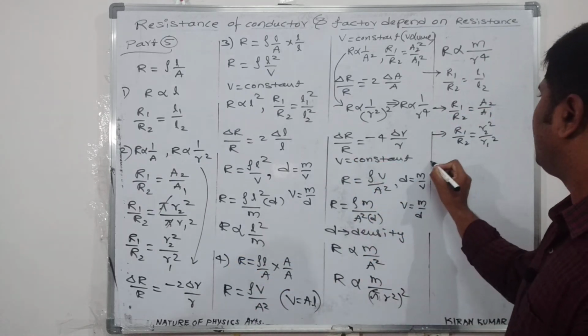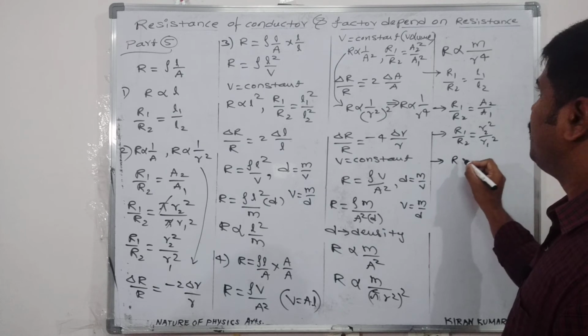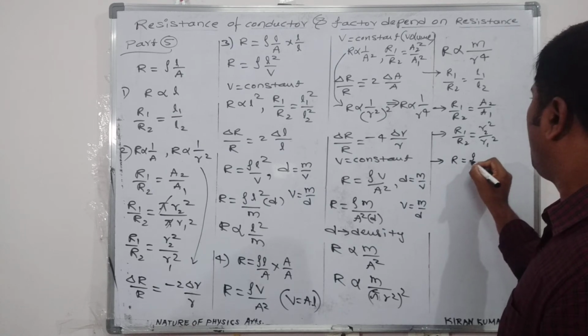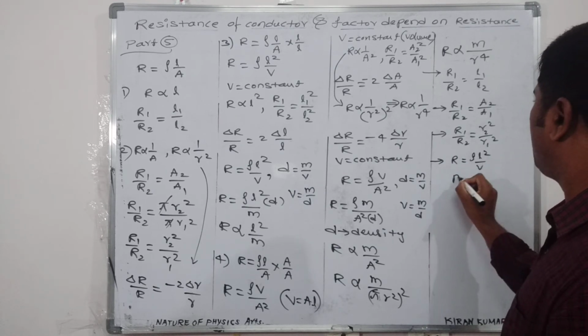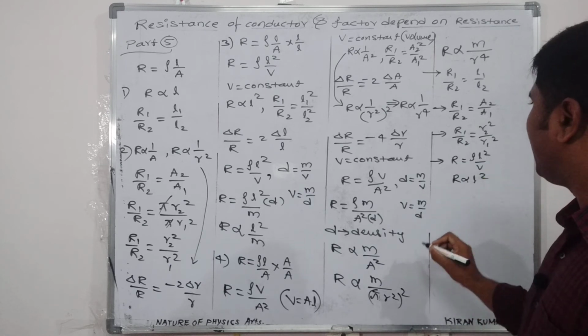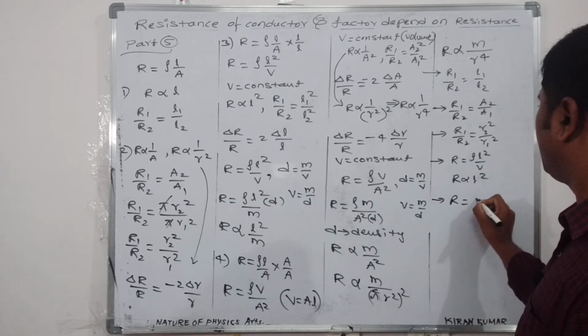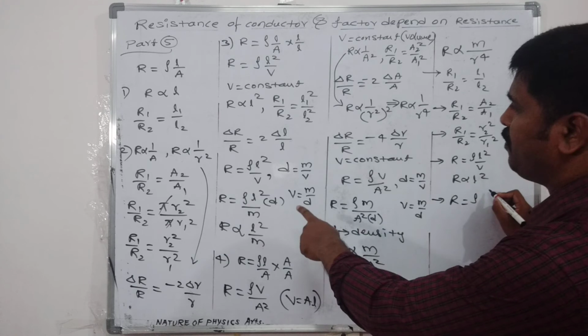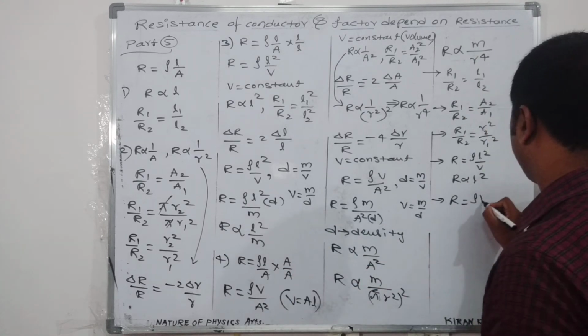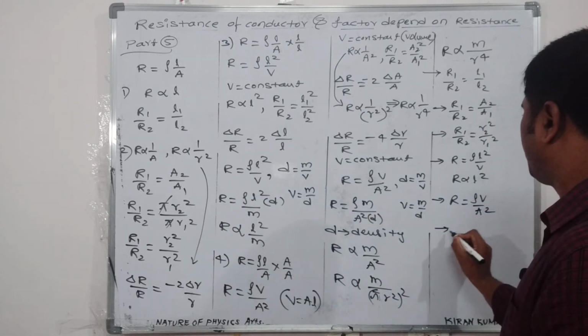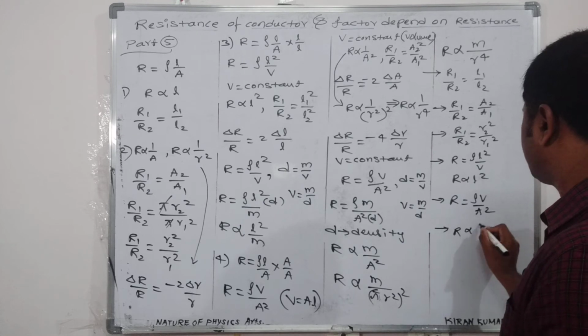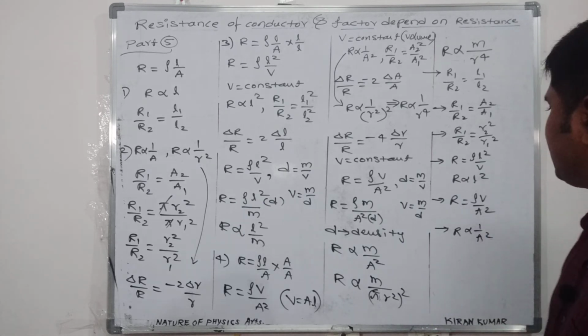And next one is R is equal to rho L square by V. So R is directly proportional to the L square. Next R is equal to rho V divided by A square. So here R is inversely proportional to the A square.